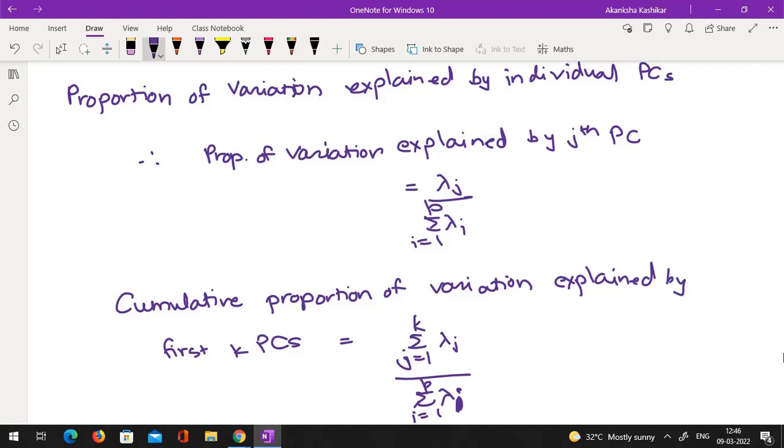Then I will say just consider 2 PCs instead of all 10 PCs, because those 2 PCs are giving you 75% of whatever information you had with all 10 variables. So less effort and still a decent amount of information. Is it okay? This is how you decide how many PCs one should retain for further use.